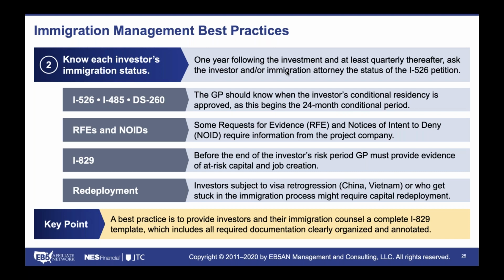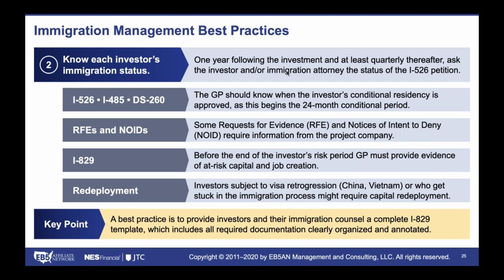And I think that the tool we've created is really helpful to flag key critical items for a general partner. It tracks the timing between different events in each individual investor's process, so it can highlight that there's something that the general partner needs to pay attention to or take care of, because the timing on responses, et cetera, to the immigration service really matters.